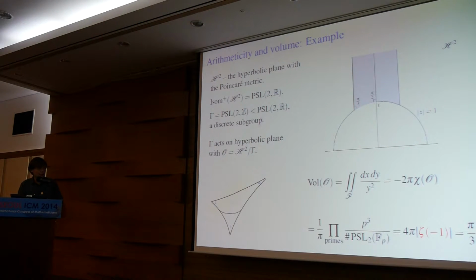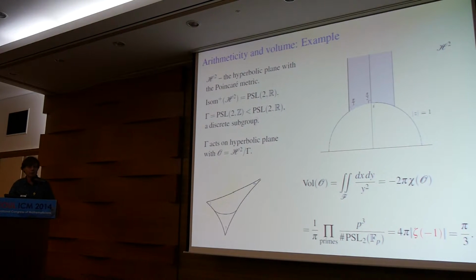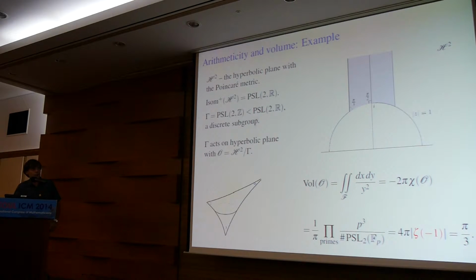So the quotient space is a sphere with 2 singular points, of orders 2 and 3, and 1 cusp. So it's a non-compact hyperbolic orbifold.